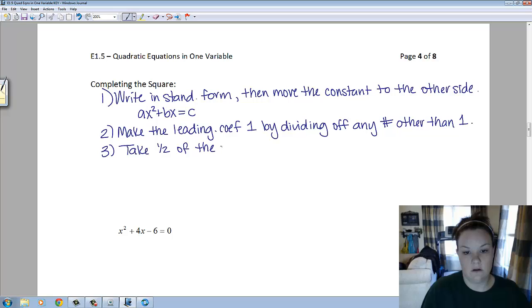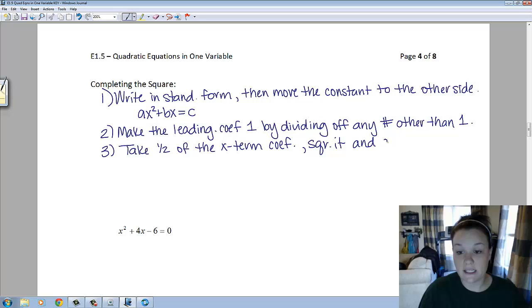Then we're going to square it and add it to both sides. And what this does is this creates a perfect square trinomial.